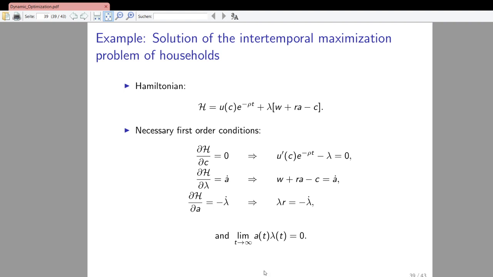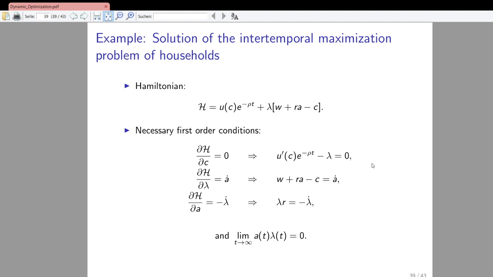Then we calculate the necessary first order conditions for an interior maximum by taking the derivative, first of the Hamiltonian with respect to the control variable consumption, and setting it equal to 0. And from this we get this expression here. So we have the derivative of the utility function with respect to consumption, we have the discount factor, and we have minus lambda, the co-state variable, because we have C here with a minus sign.